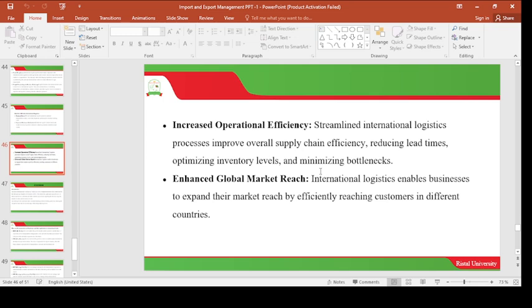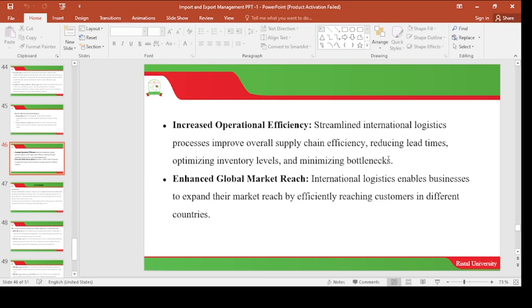It can also reduce bottlenecks. By bottlenecks, I mean a lack of raw materials in the store, which will cause longer waiting times for these goods to arrive. If the movement of goods is managed effectively, employees will not keep waiting longer for goods during the production process. The goods will be available at any time. So this will improve the overall supply chain of the particular organization or company.